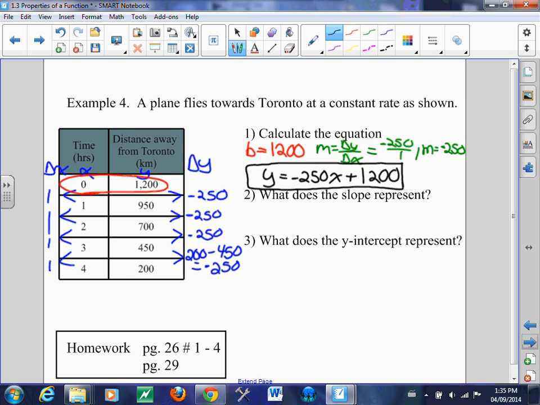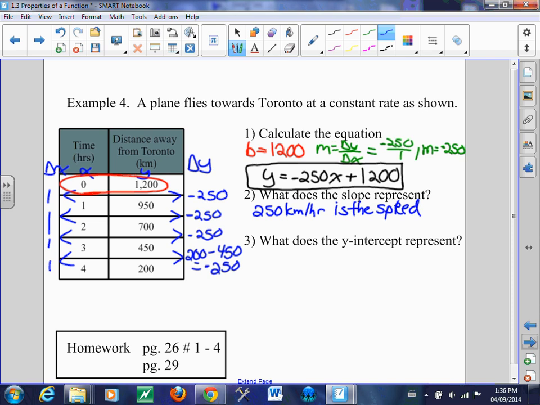What does the slope represent? In our case, what does the negative 250 represent? Well, that represents how fast you're going. We're going to break it down into two parts. I'm going to deal with the sign in a second, but let's just deal with the numerical value, which is 250. The 250 is the kilometers per hour, the speed that the plane is going at.